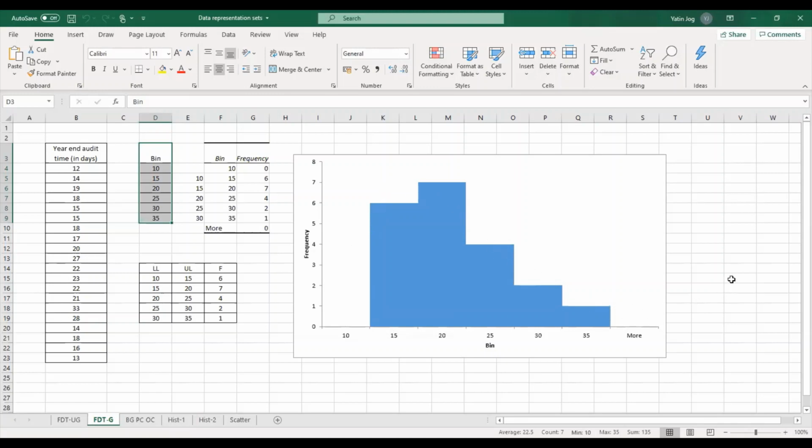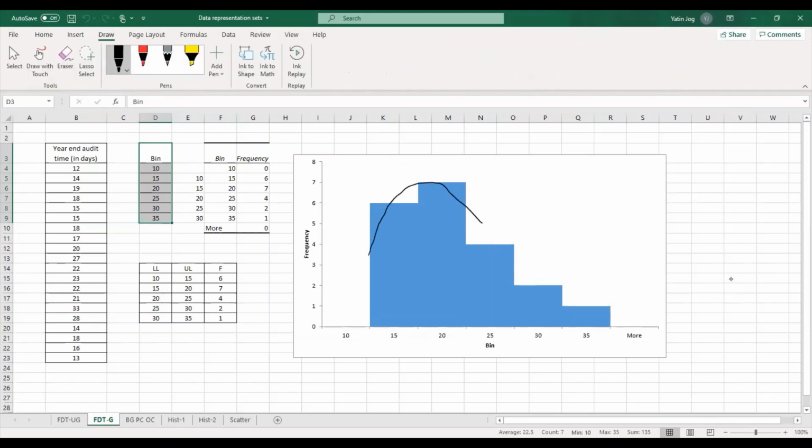If I draw the distribution of data in a curve format, I may get a curve something like this. So for my curve, I am having a slope on the right hand side. In case of distribution of data, we can have multiple types of distributions. Either we can have a symmetrical distribution, or we can have a non-symmetrical distribution.